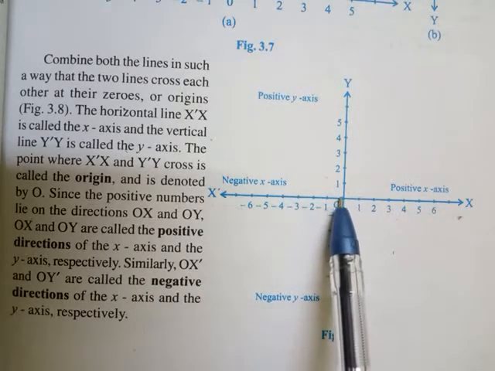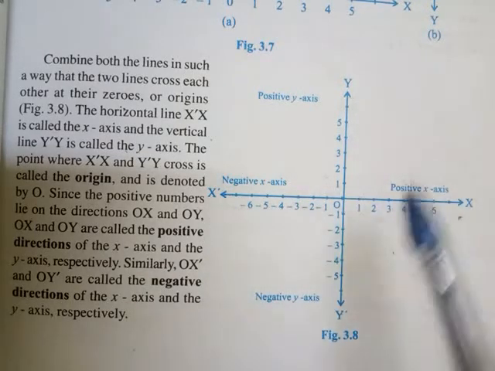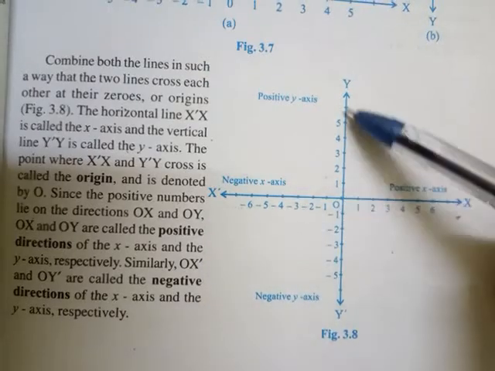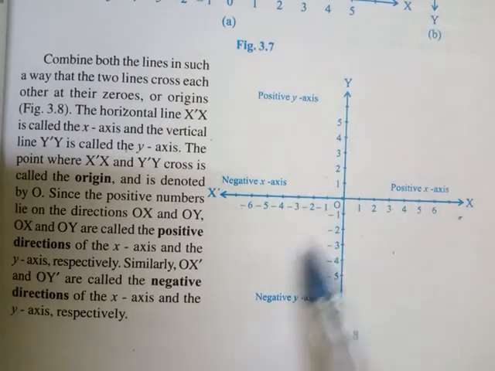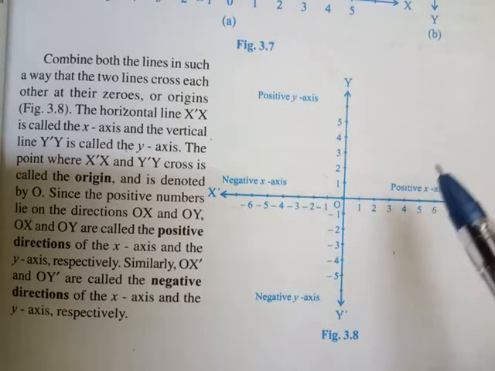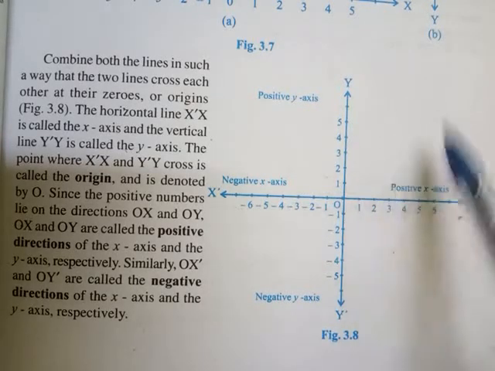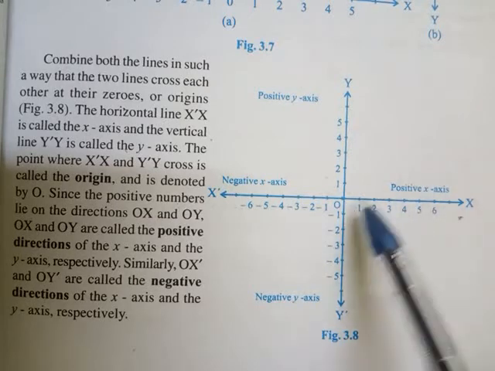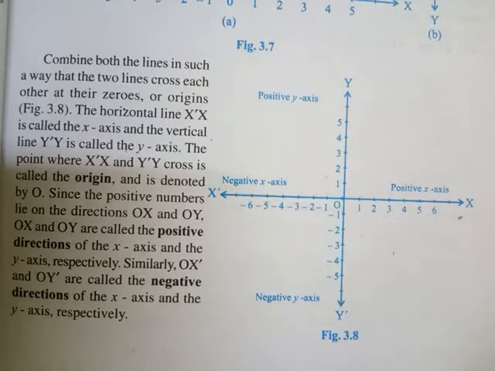Sorry, in the second quadrant, x negative, y positive. I repeat again: second quadrant x negative, y positive, and third quadrant all negative, fourth quadrant x positive, y negative, and first quadrant all positive. And this is the origin. The coordinate of the origin is 0, 0.